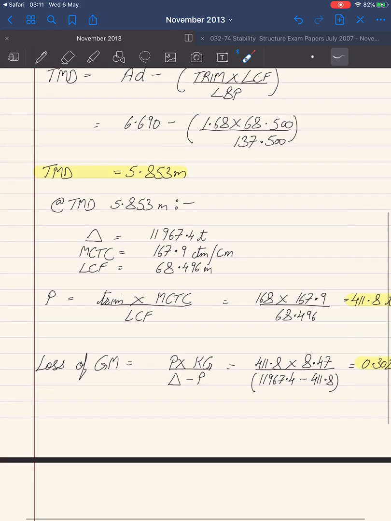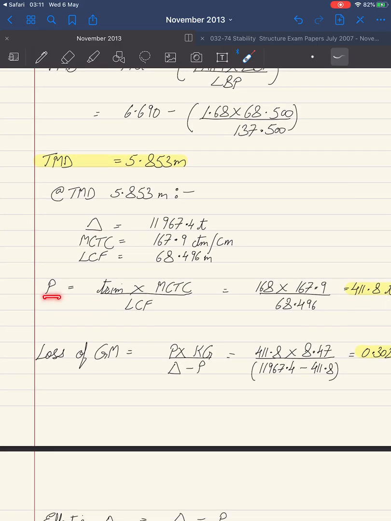We'll first calculate the P force which is acting on the vessel at the time of critical instant. The formula is P equals trim times MCTC over LCF. Since MCTC has been used in the formula, the trim should be in centimeters.